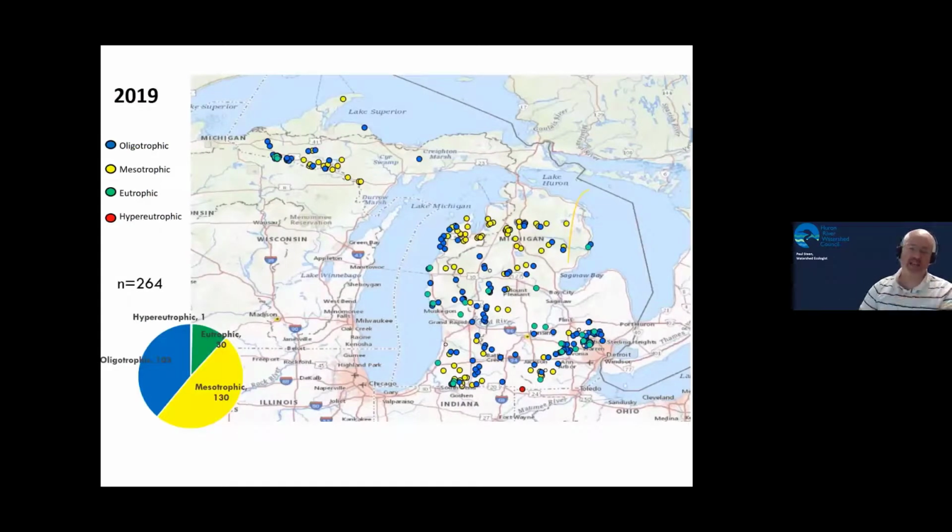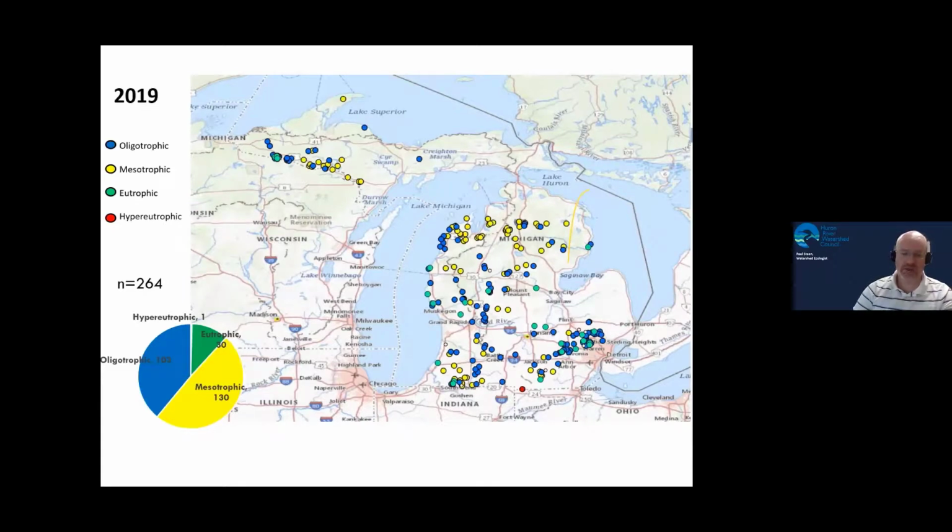Across the state for 2019, these are the results for the trophic status. In 2019, which was the last year we did the sampling for CLMP, we had 264 lakes in total that got at least one of those trophic status numbers to us.